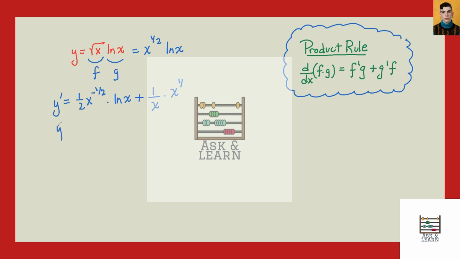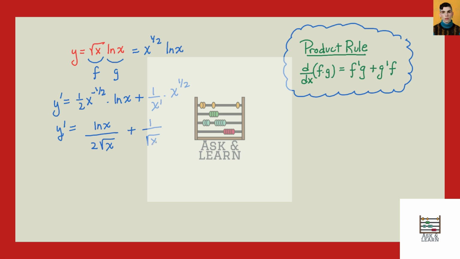Okay, so we do need to take another derivative. Maybe we can clean this up a little bit. Let's see, if I rearrange this, I get ln of x over 2 square root of x plus x to the 1/2 over x. You can subtract the exponent, so that's like x to the 1/2 minus 1, or x to the minus 1/2, or 1 over square root of x.